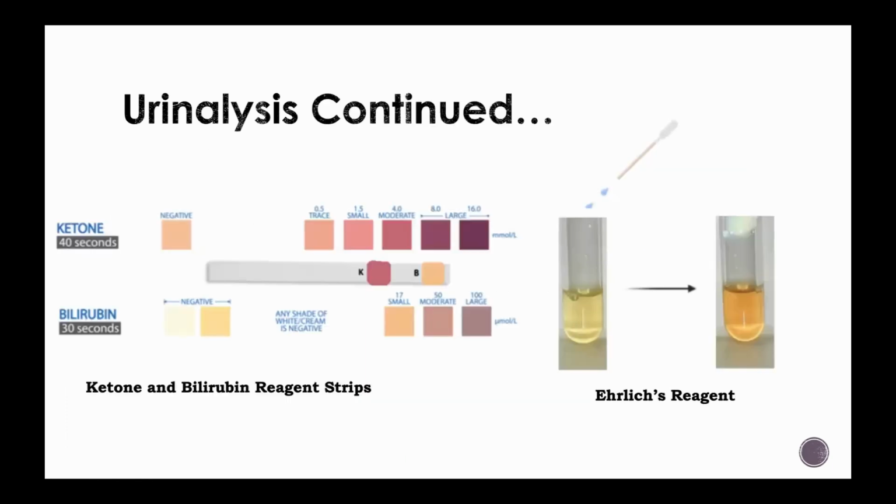More urine analysis. So we did more reagent strips, but this time for ketone and bilirubin. The ketone is a product of fatty acid metabolism. High levels of this indicate that the body is unable to properly use up carbohydrates.